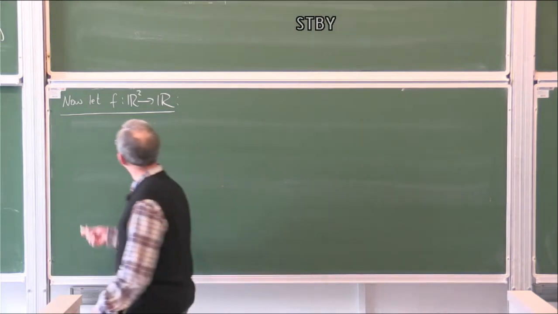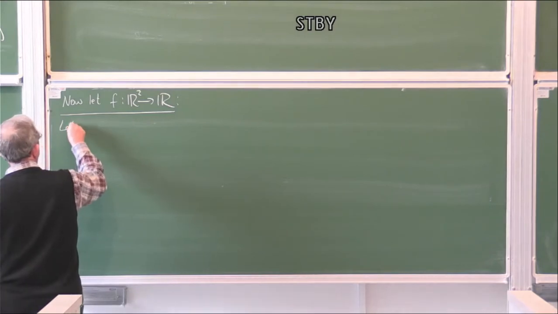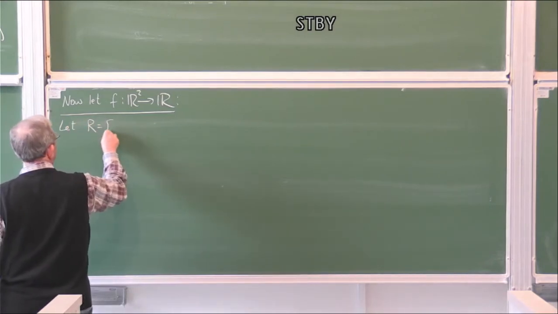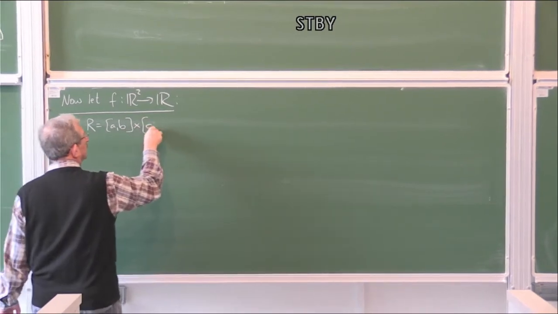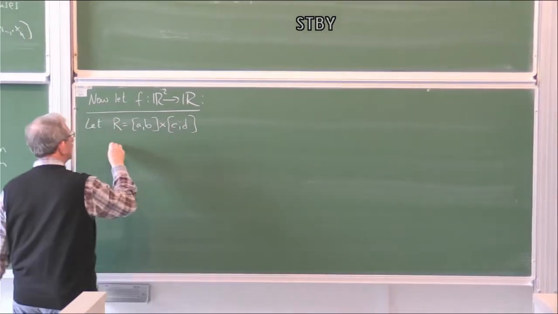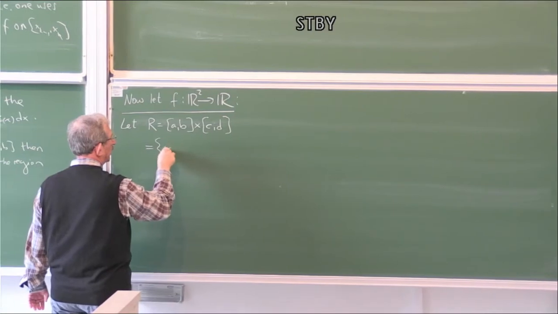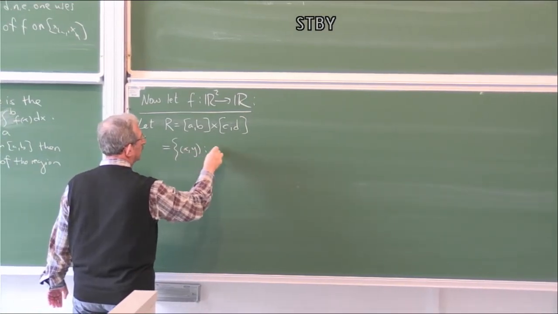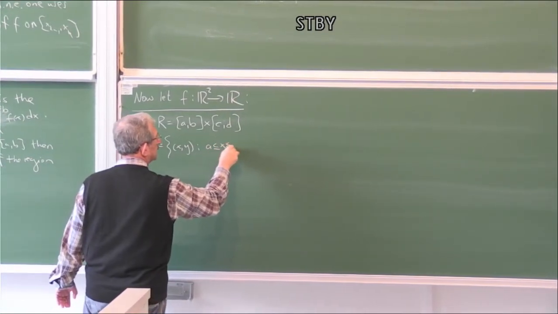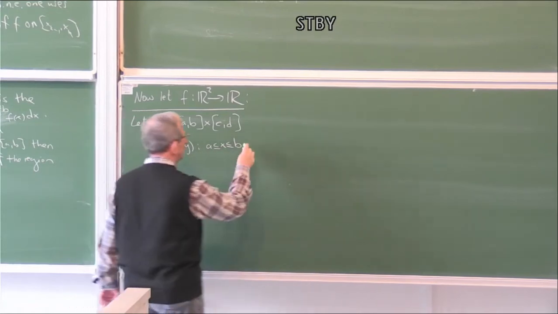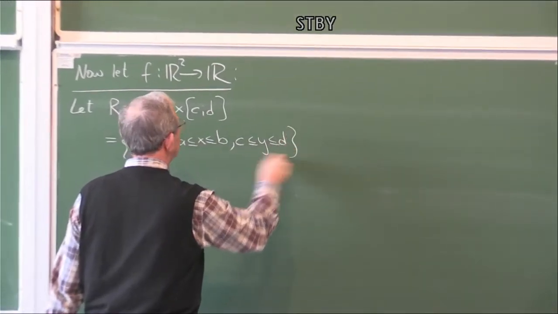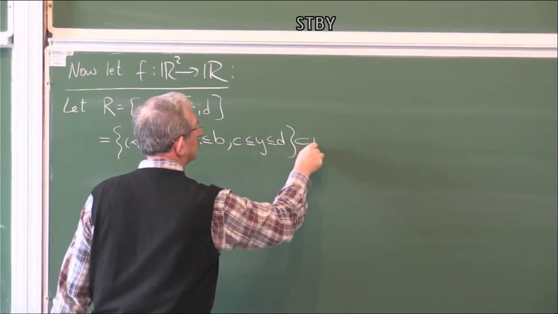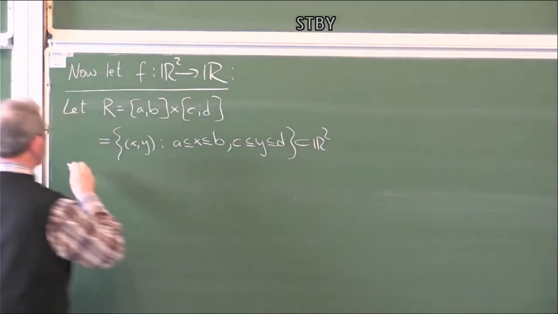So let R, say, be AB cross CD, meaning all xy's so that x is between A and B, and y is between C and D. Of course, this is a subset of R2, a rectangle.